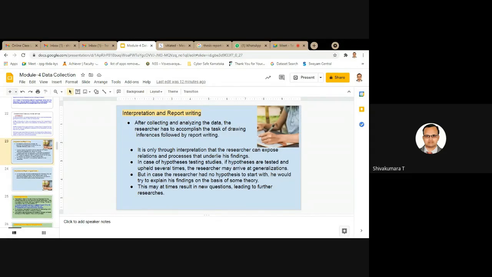In exploratory and descriptive research, you can keep on explaining based on certain theories. This may at times result in new questions leading to further research. In the case of research which does not have a hypothesis, it needs the explanation of the findings. There is a possibility of throwing up new questions for the new researcher, and it leads to further research.